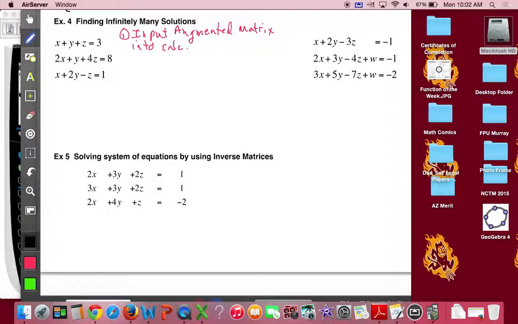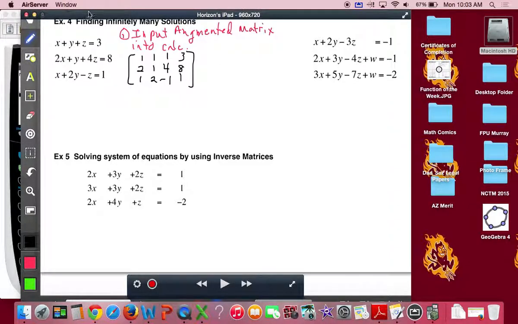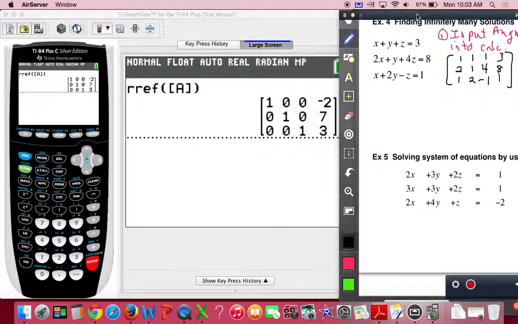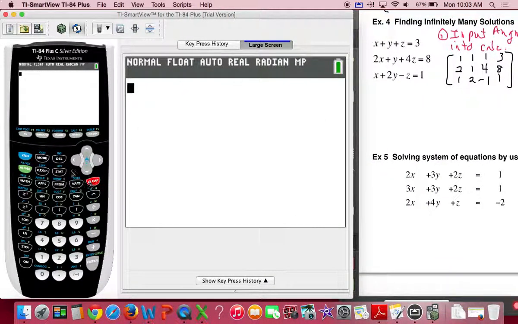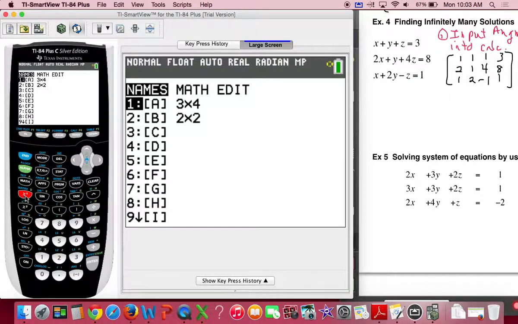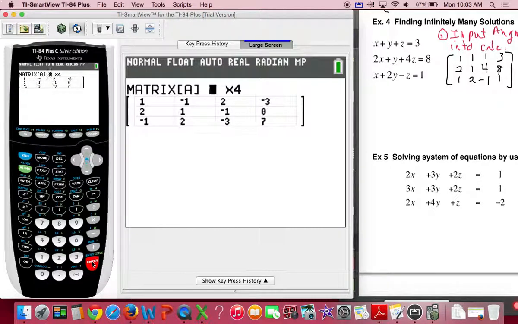And so your augmented matrix in your calc is going to look like this. So let's start there. Clear your calc out. Second matrix. Scroll to edit. And then what's the dimensions of this matrix?